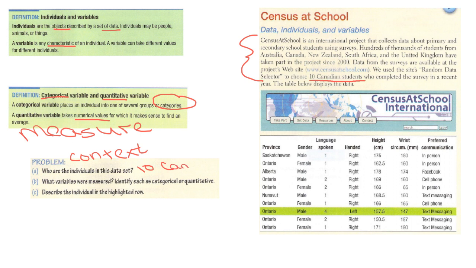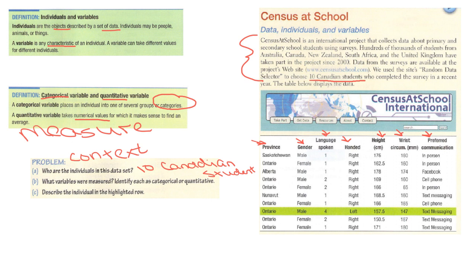So these 10 Canadian students. And then the variables that are measured are going to be all these things in the data table here. The province that they came from, the gender that they are, language spoken, handedness, height, wrist circumference, and preferred communication.